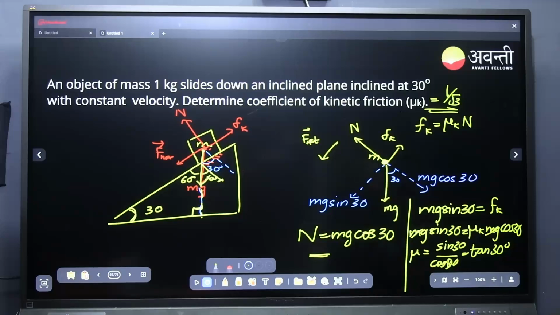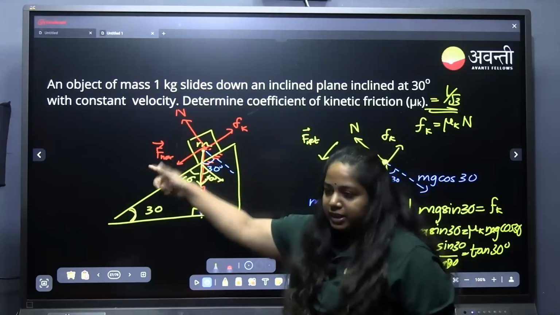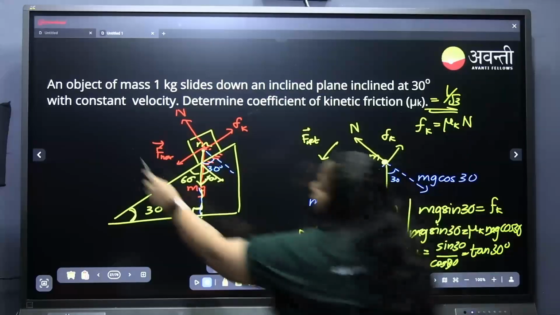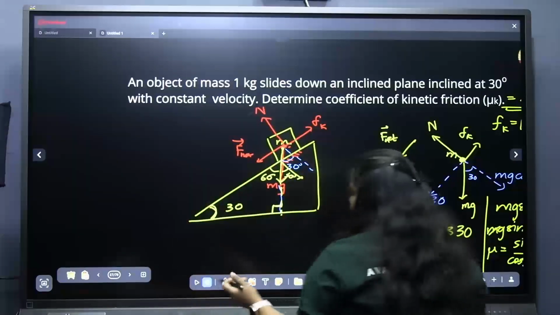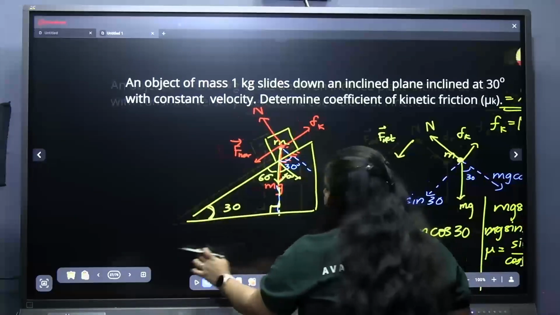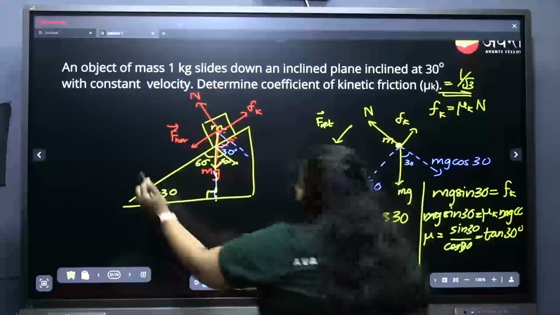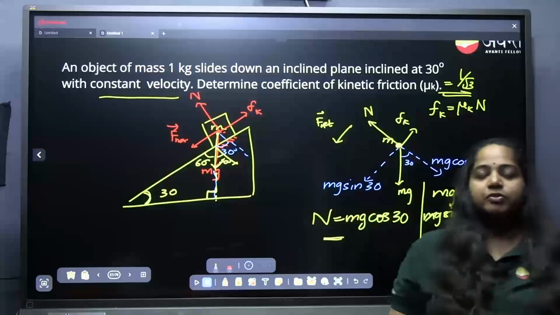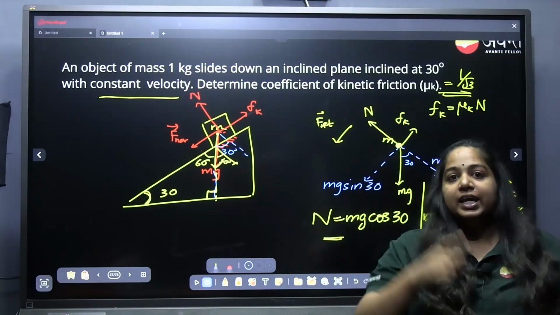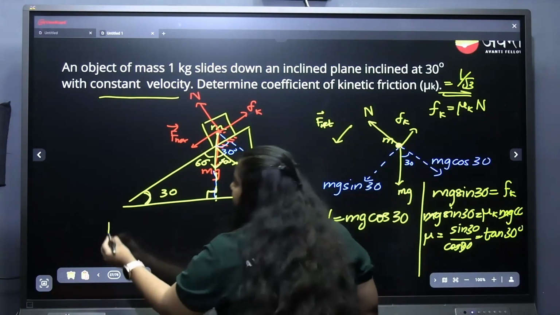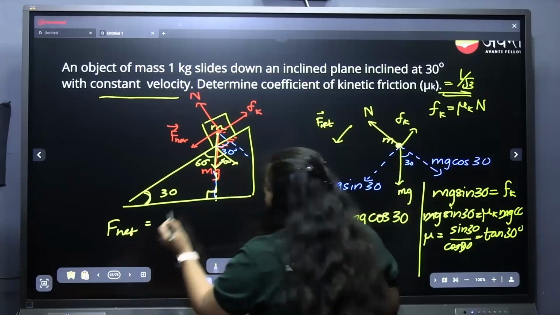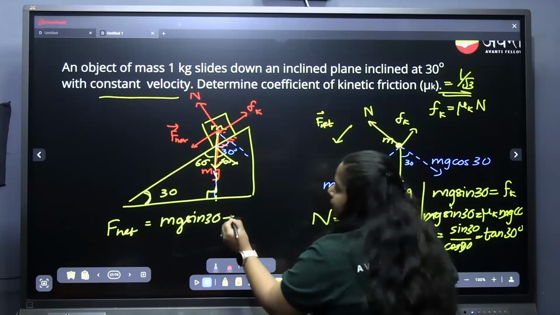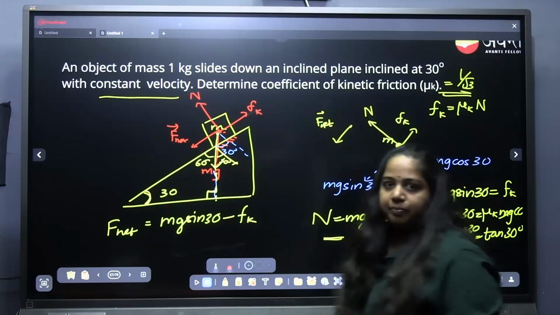What about external force? This is not external force, it is net force. Net force is 0. How is net force 0? Because it is given that it is moving with constant velocity. If something is moving with constant velocity, net force is 0. That's why F net here is mg sin 30 minus kinetic friction.